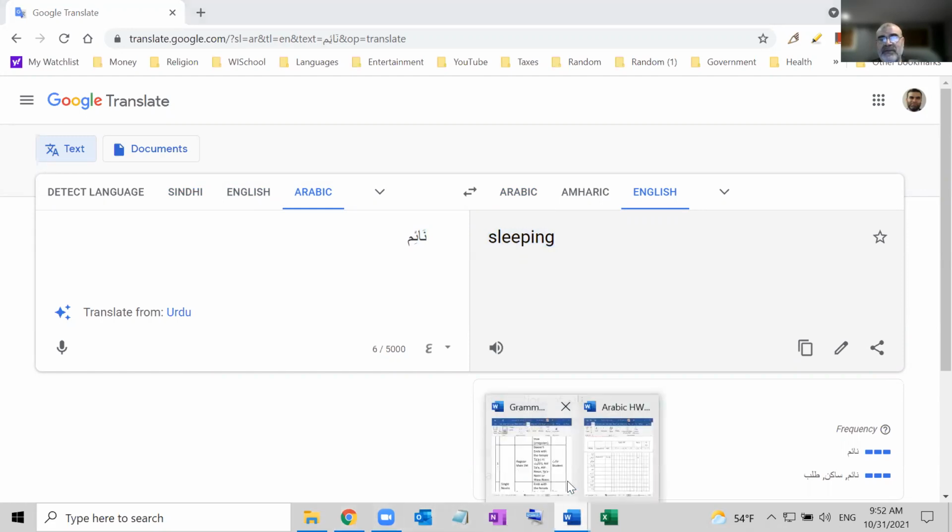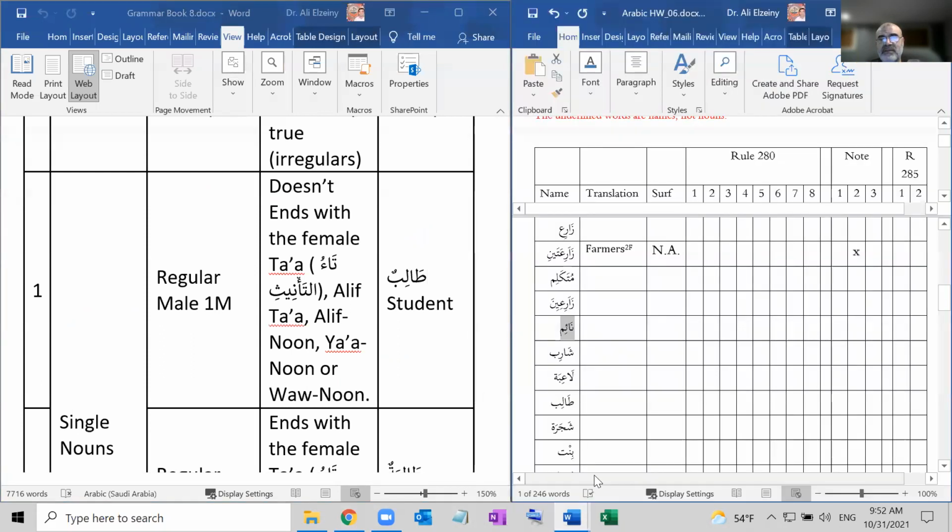So we go back here. You can use sleeping or sleeper. It is best to use sleeper. It's better than sleeping because it's a noun. Sleeper is a noun, and it's 1M.